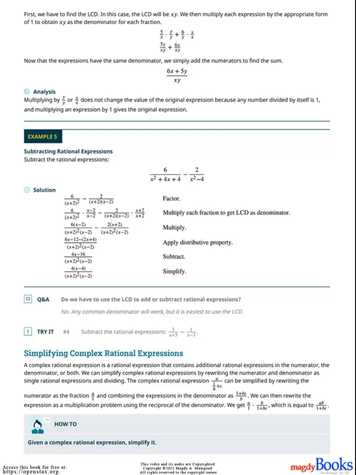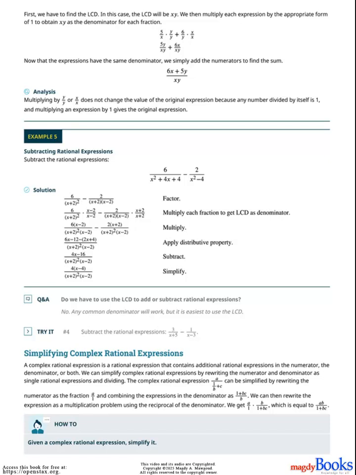Now that the expressions have the same denominator, we simply add the numerators to find the sum. 6x plus 5y over xy. Analysis. Multiplying by y over y or x over x does not change the value of the original expression because any number divided by itself is 1, and multiplying an expression by 1 gives the original expression.